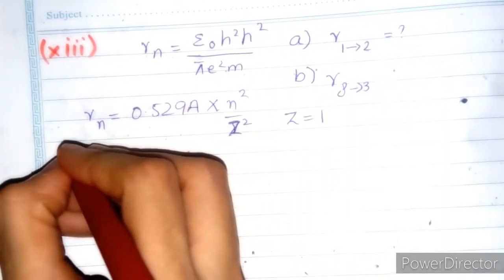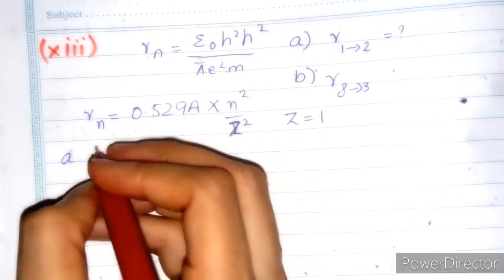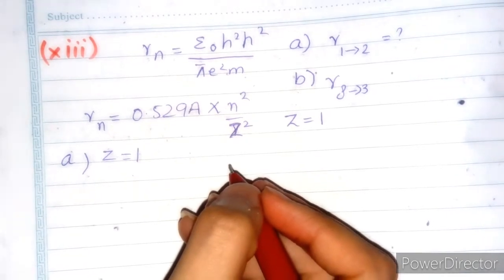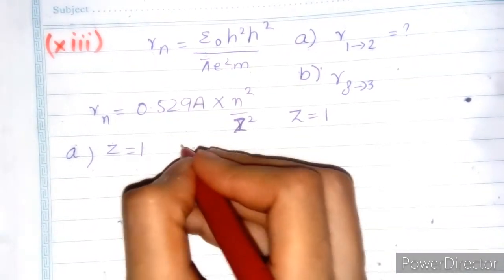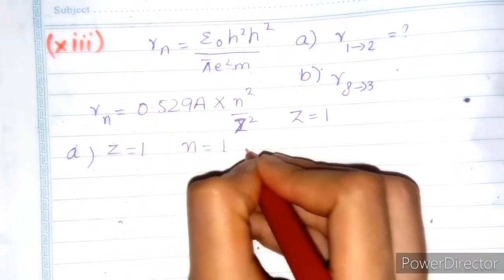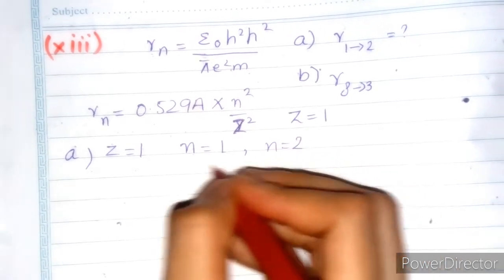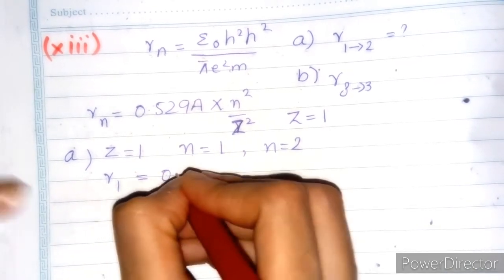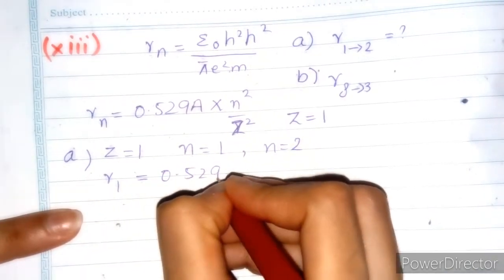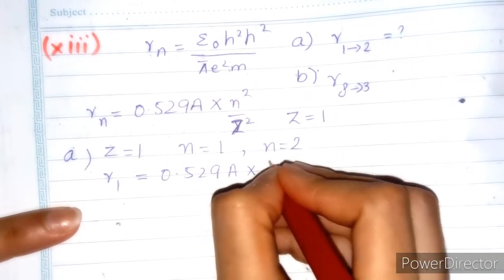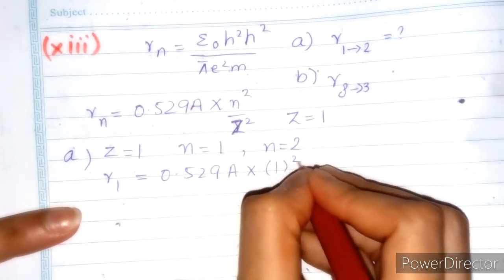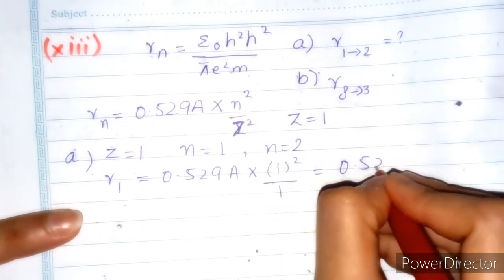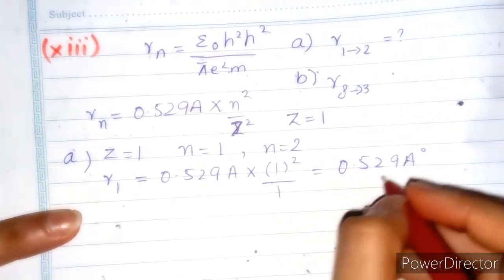In part A we are given the value of n is equal to 1 and n is equal to 2. So R1, first we put 1: 0.529 A multiplied by n is 1 square divided by 1, so we get 0.529 a naught.